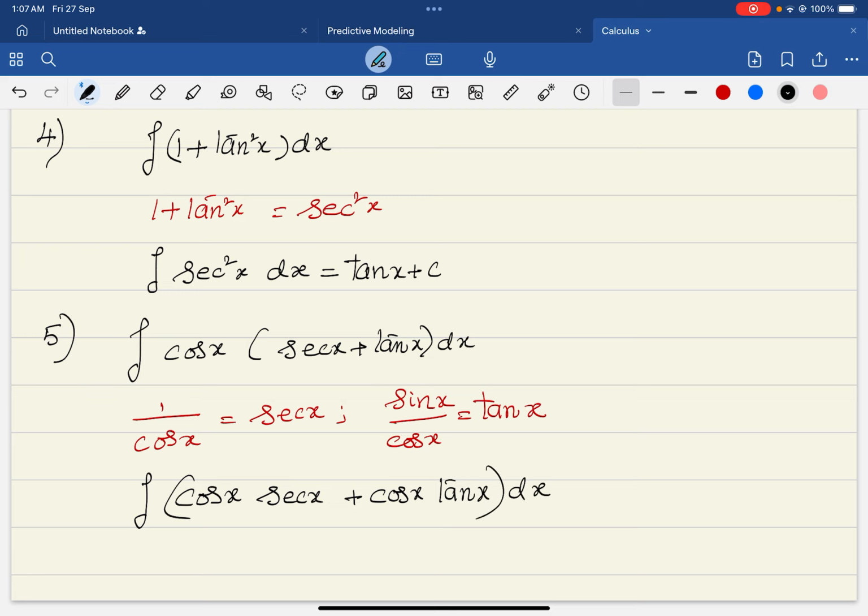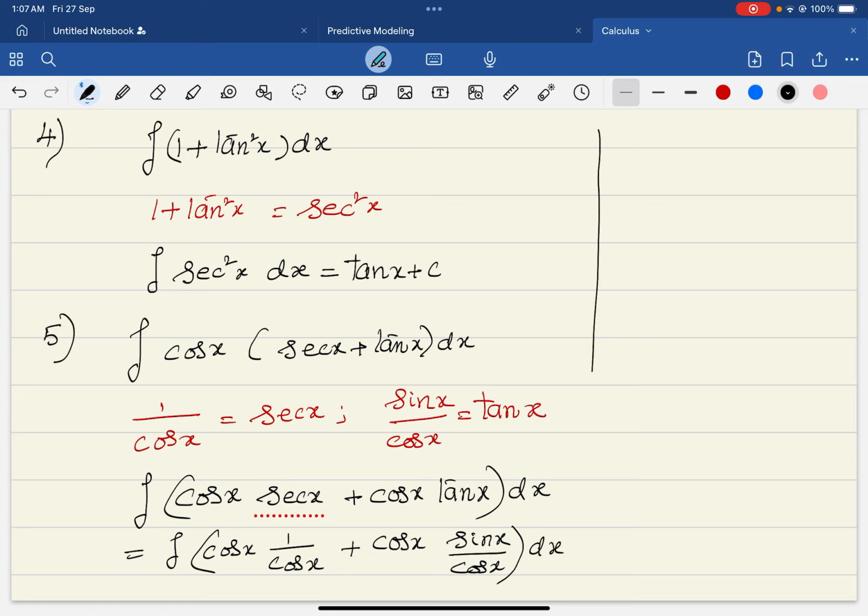When you apply the formula here, cosine x into secant x means 1 over cosine x times cosine x, and cosine x times tan x means sin x by cosine x times cosine x, dx.